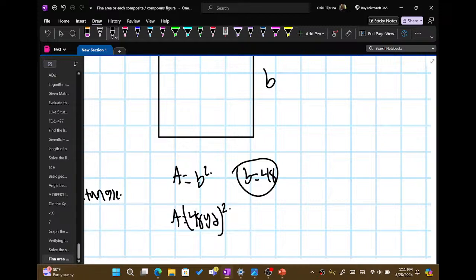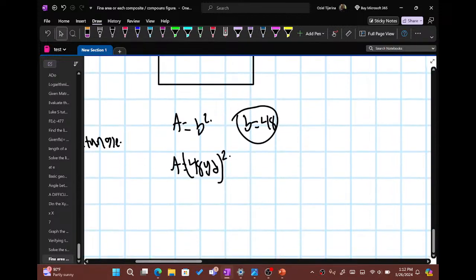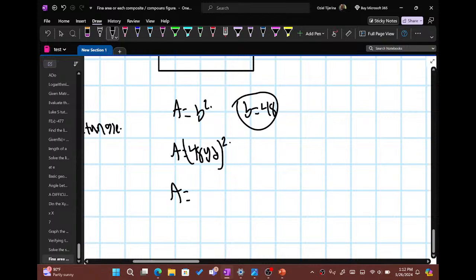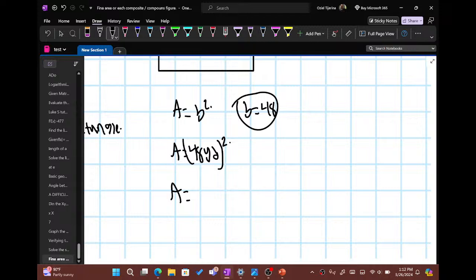Let's look in here. So the area of this is, what is it? 2,304 yards squared. Yeah.